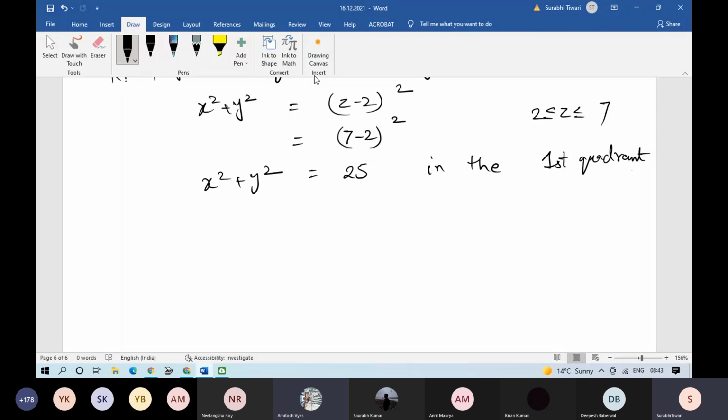Now you have to calculate the mass. तो mass का फॉर्मूला लगाओ. Mass is double integration over the surface of c z, this is the density, dA. Now put the value of z.